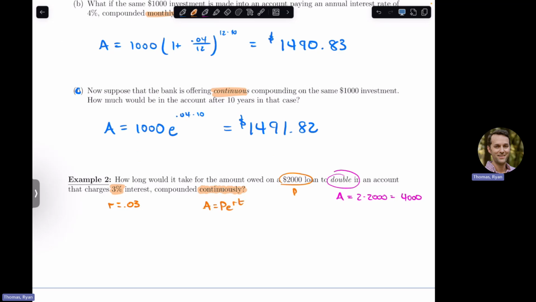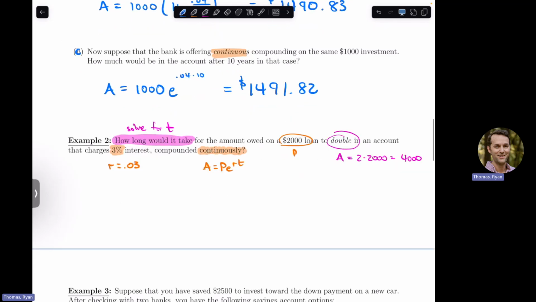What are we trying to find? T. The question was, how long would it take? The answer to that question can only be T then, right? Okay, so set up the actual equation for me.